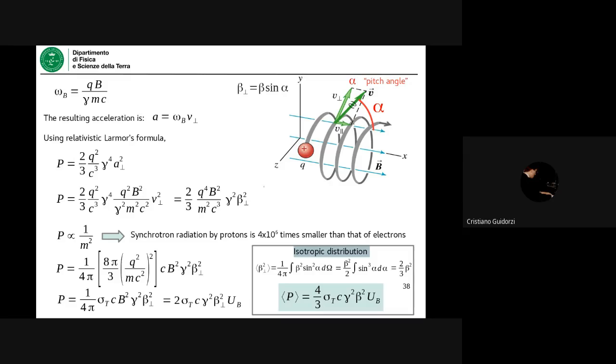Emitted, which again is probably easier to remember. So what I would like you to remember is the dependence of the synchrotron power on the Lorentz factor, as well as on the magnetic field energy, as well as the Thomson cross-section. So this is all about the total energy lost by the electron, no matter the spectrum.